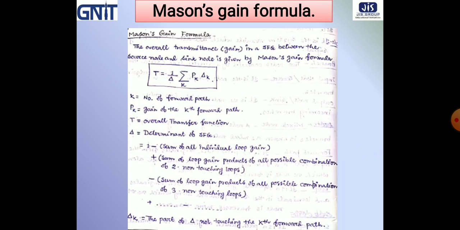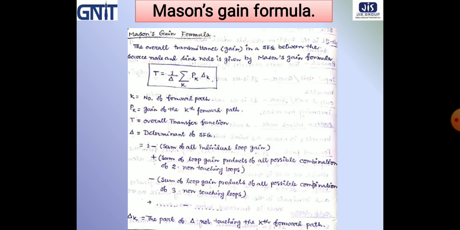So this is our Mason's gain formula, where T is the overall transfer function of the system, delta is the determinant of the SFG. There is a rule by which we can calculate the value of the determinant of the signal flow graph. Pk is the gain of the kth forward path.